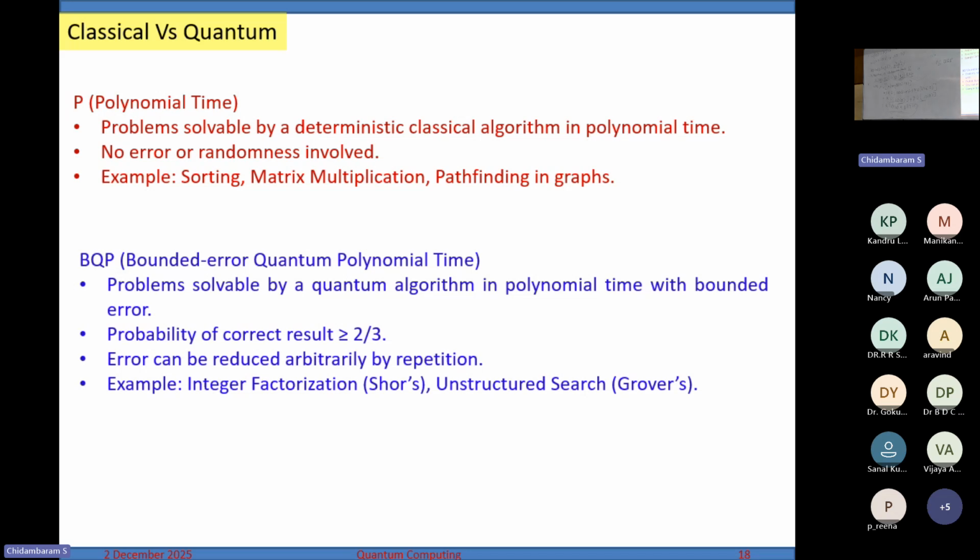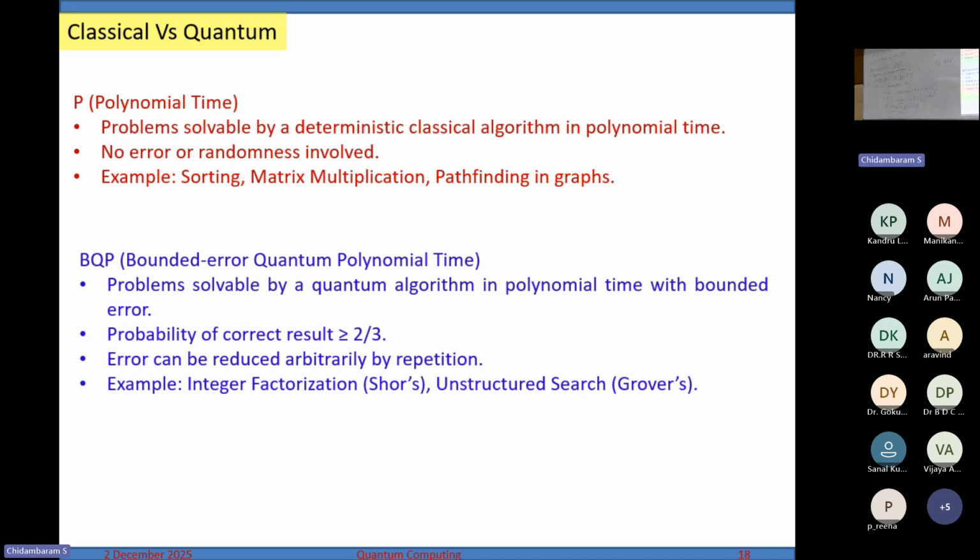Here you have a probability of the correct result of greater than or equal to 2 by 3. Meaning you need to have some bounds. If out of 3 runs I get 2 correct, it is fine for me. That's what it means for the probability of a correct result to be greater than or equal to 2 by 3.